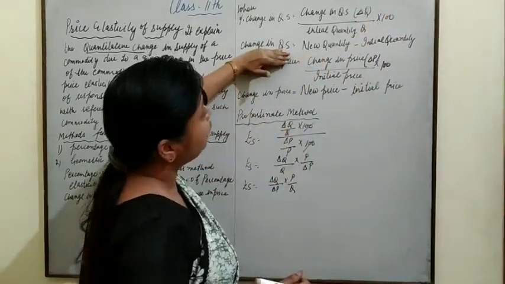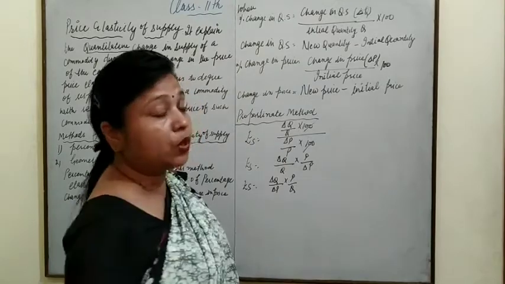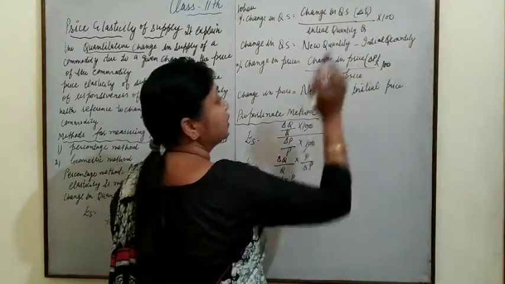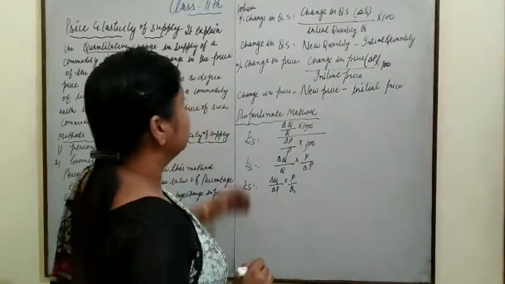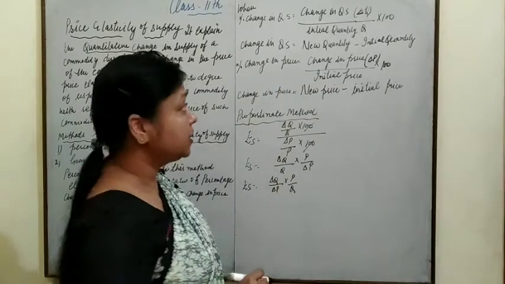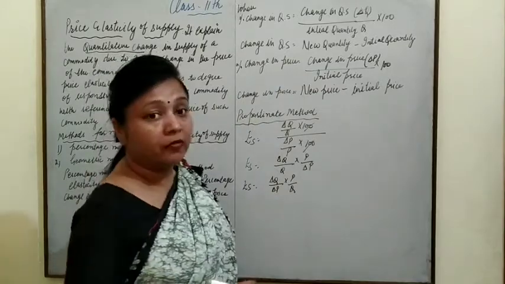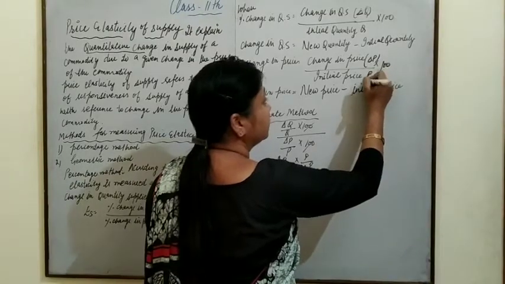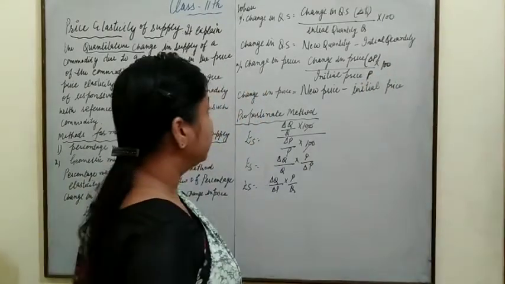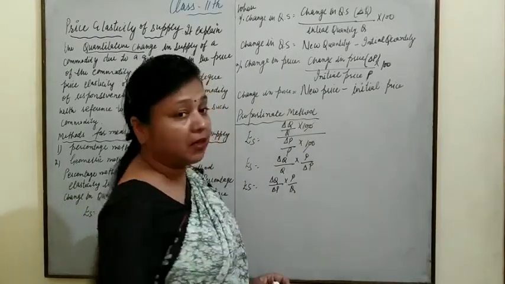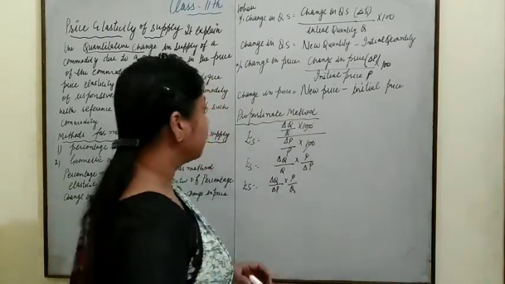Change in quantity supplied is new quantity minus initial quantity. Percentage change in price means change in price, that is change in P, divided by initial price, that is P, multiplied by 100. How can we find the change in price? That is new price minus initial price.